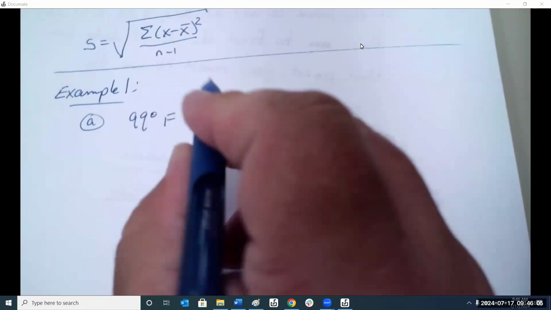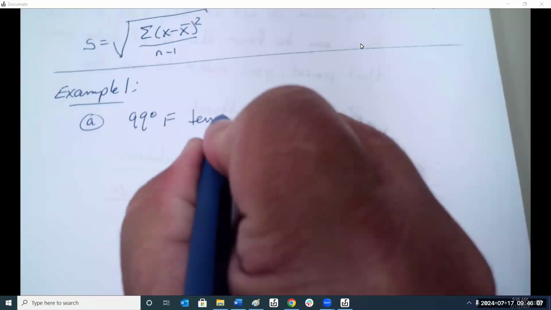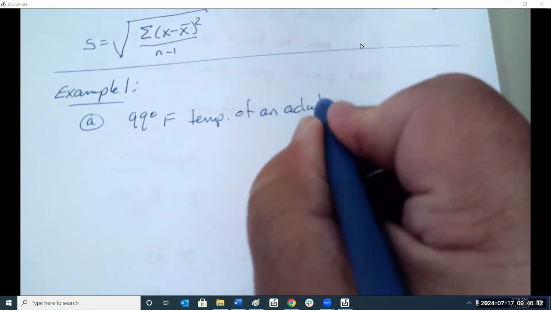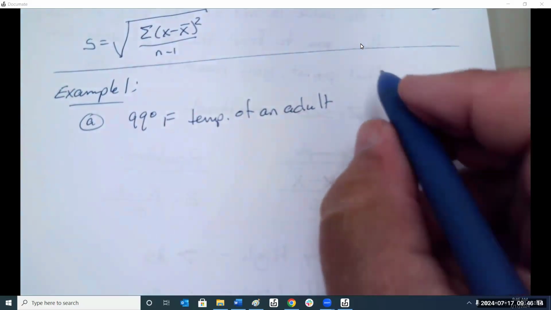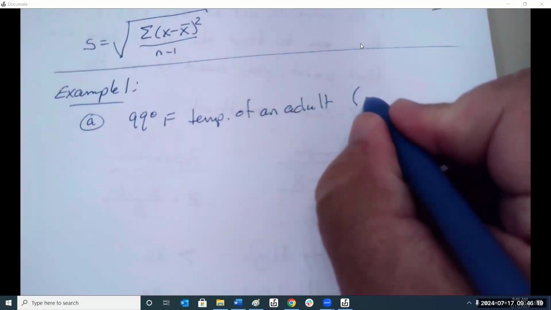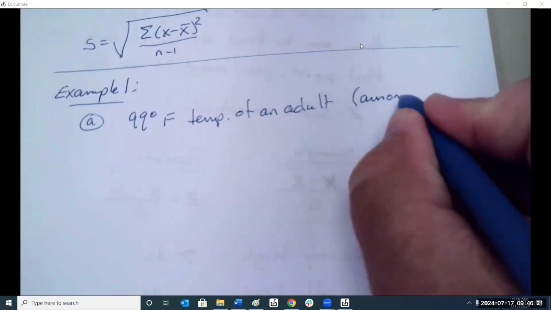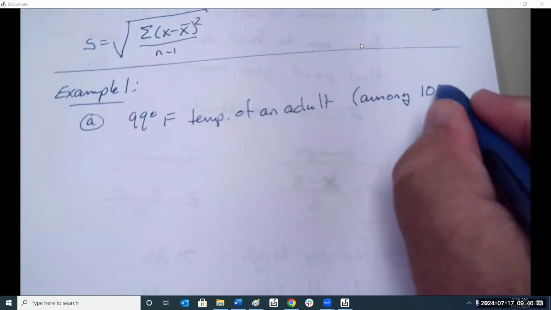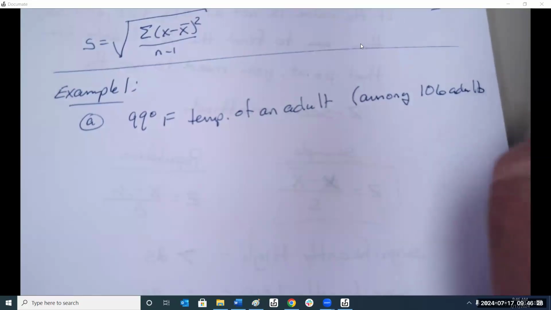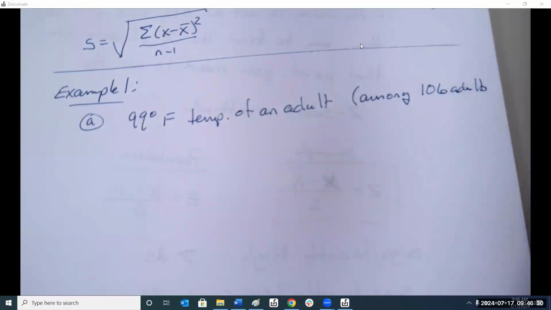Okay, here's A. It says the 99-degree temperature of an adult among 106 adults with a sample mean and sample deviation.